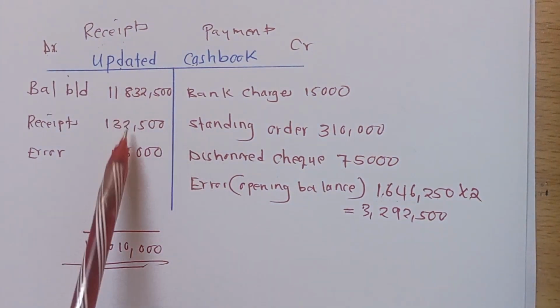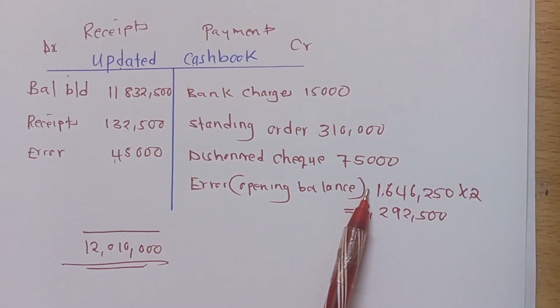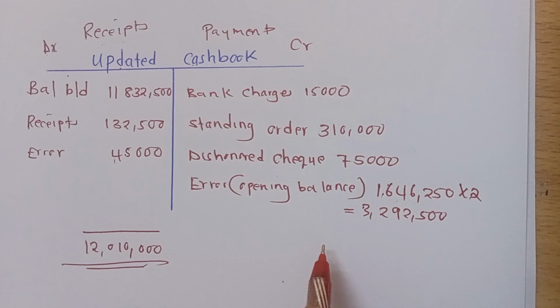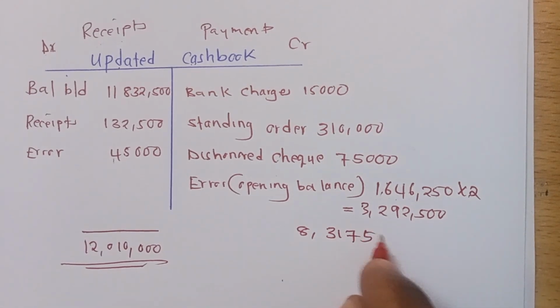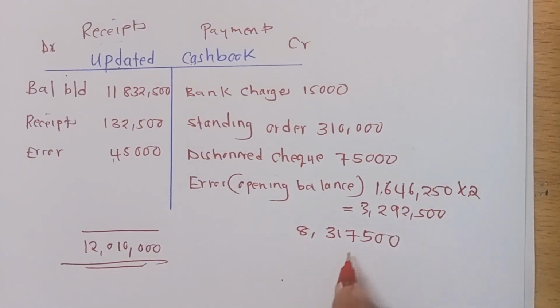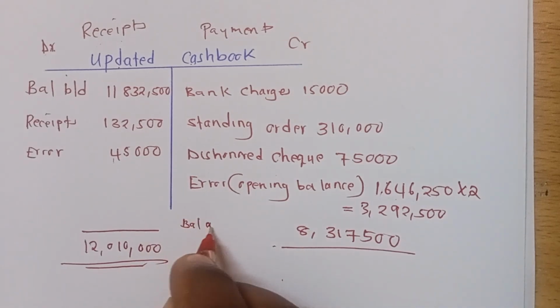The difference between the balances on the debit side and the credit side amounts to 8,317,500 shillings.